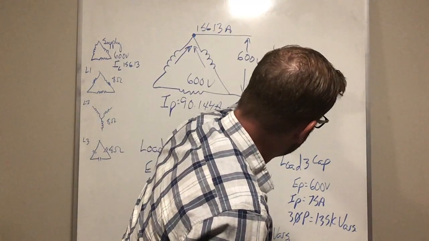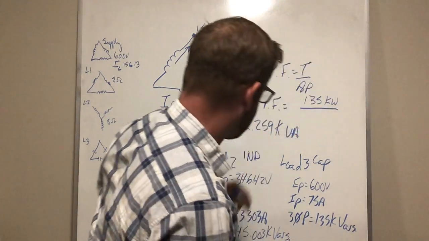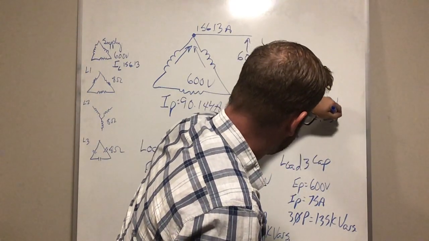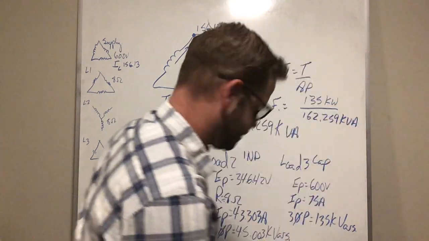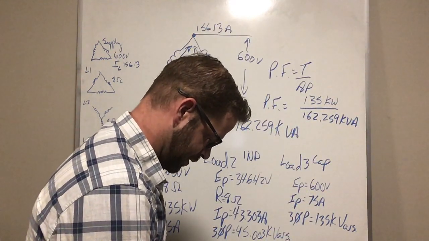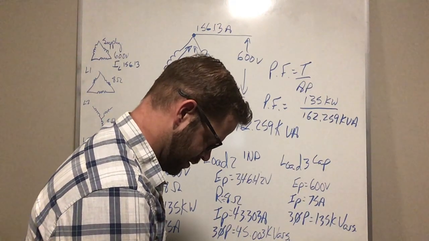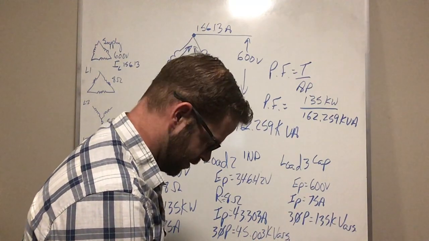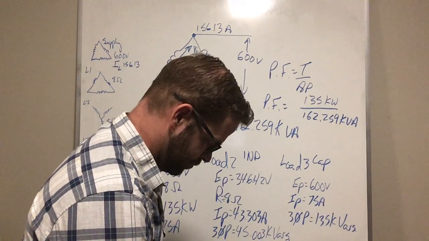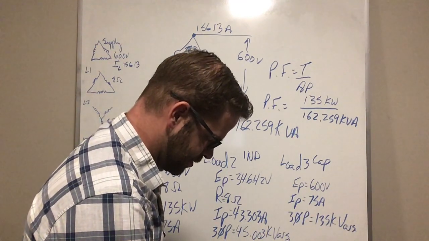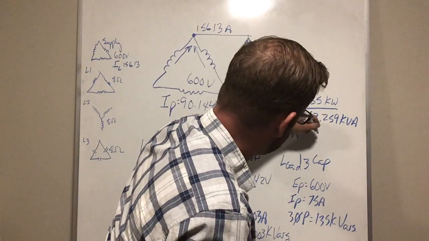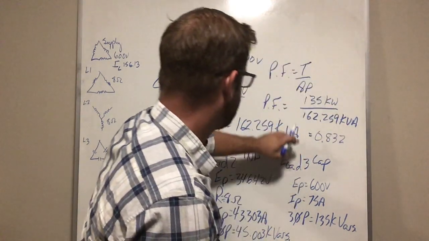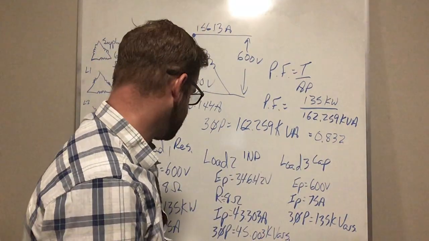So 135 kilowatts divided by our apparent power of 162.259 kVA gives a total value of 83.2, so 0.832 as our power factor. So 0.832 as a power factor.